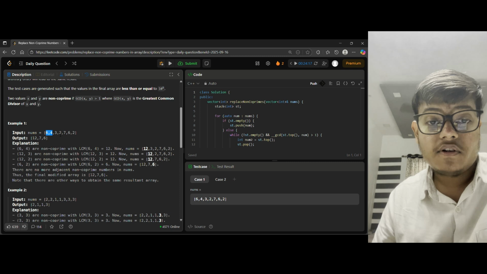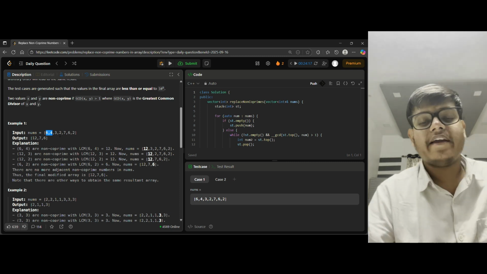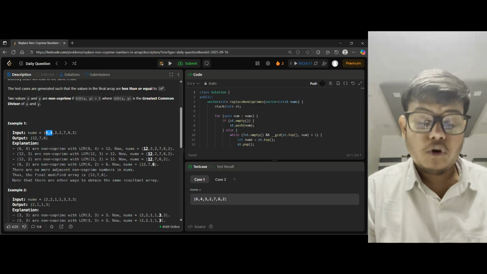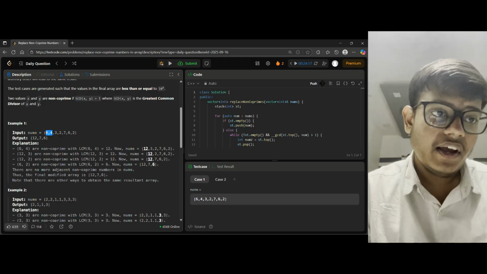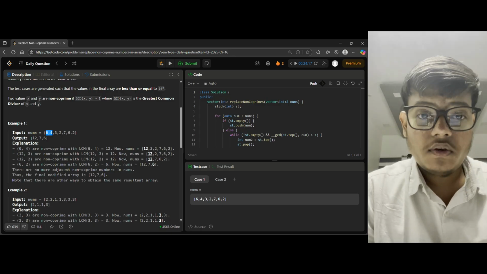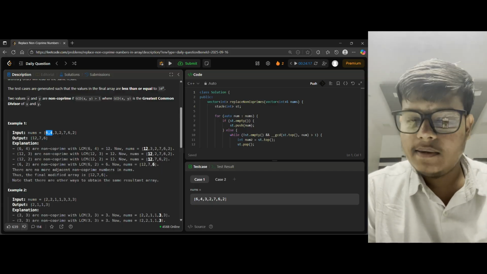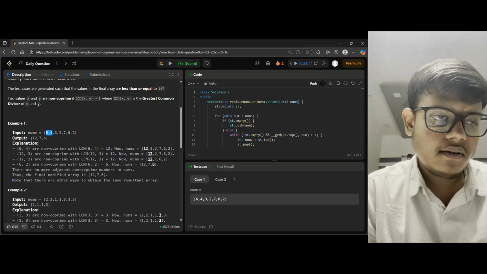No, they are not, since their GCD is 3. So again we take the LCM of 12 and 3, which is 12. Same we check with 2. Are 12 and 2 coprime? No. So we take the LCM of 12 and 2, which is 12, right?